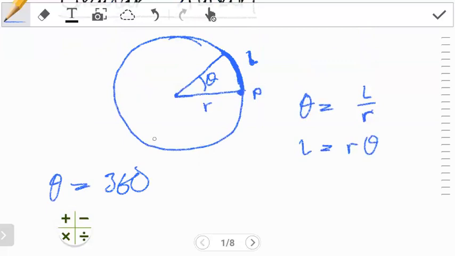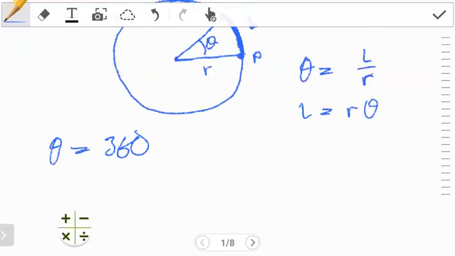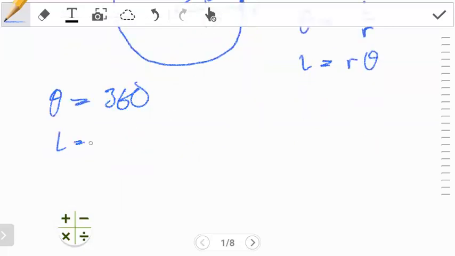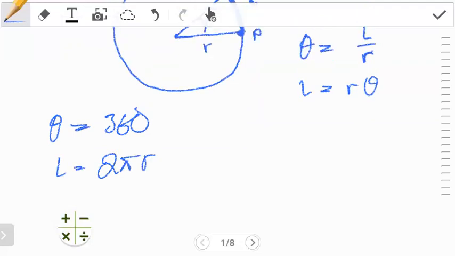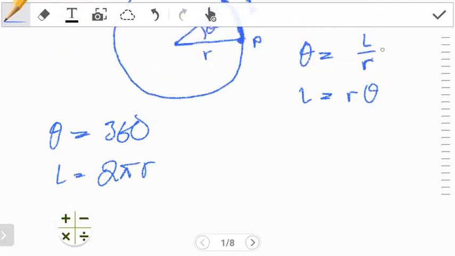So L in this case is going to be 2 pi r. R remains as the radius, so we're just going to substitute that. So if we come back to our formula, we want to see what the angle will be for the full rotation. In terms of degrees, it's going to be 360 degrees.